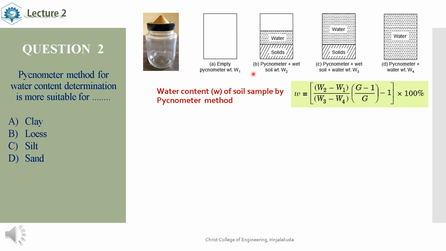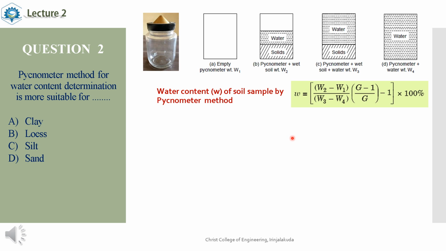Just see, we require the value of G in order to find out the water content. What is G? G is the specific gravity of the soil particles. So this method can be used only if the value of G is known to you.